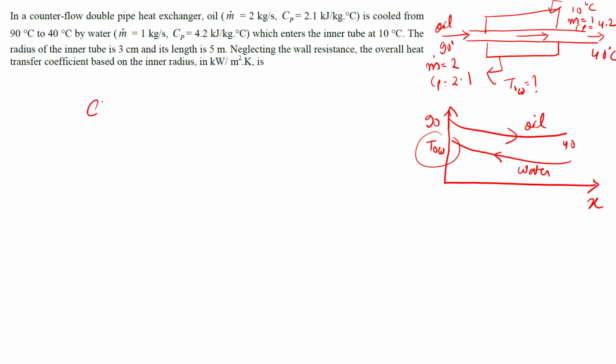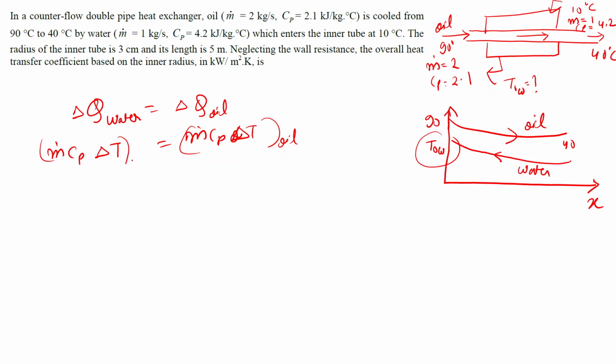That is, we can write delta Q of water is equal to delta Q of oil, that is m dot Cp delta T. This is for oil, this is for water. For water we have been given the mass flow rate as 1, Cp we have been given as 4.2, delta T will be the outlet minus inlet temperature, inlet temperature was 10 degree.